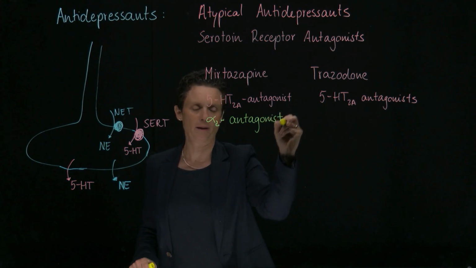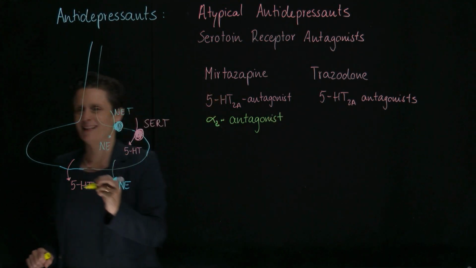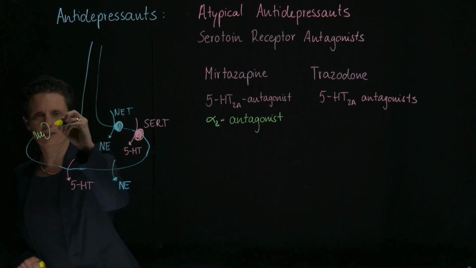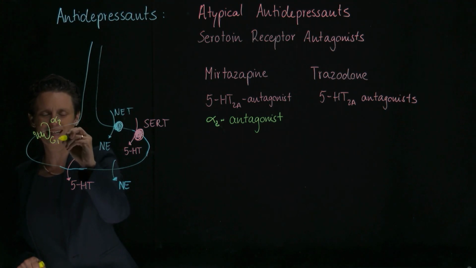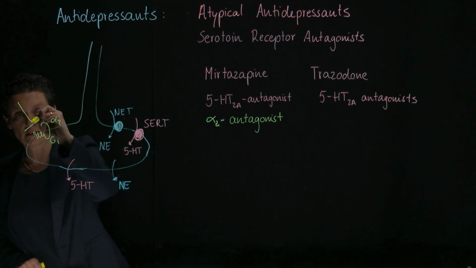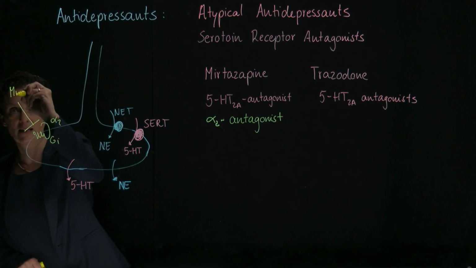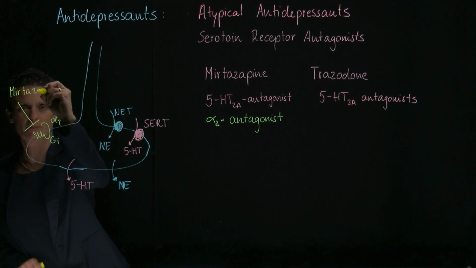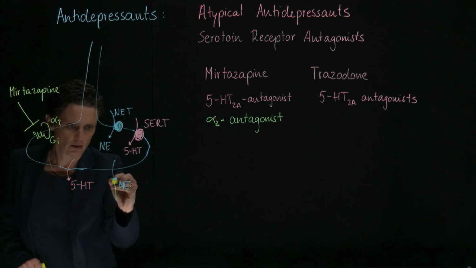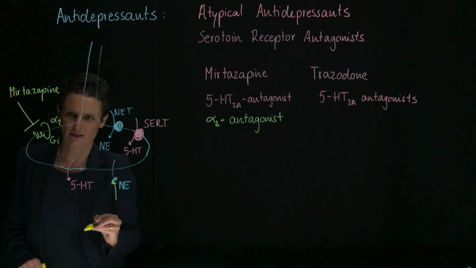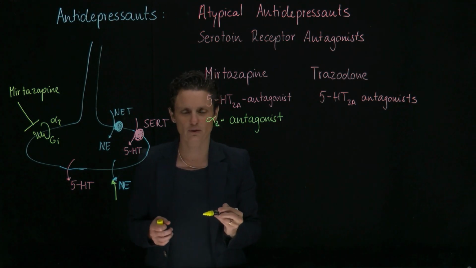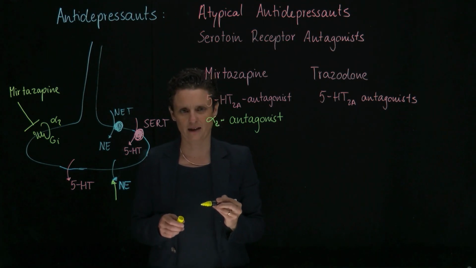And you may remember from cardio that these alpha-2 receptors, G protein coupled receptors, alpha-2 Gi coupled, sit presynaptically. So if you block it, for example, with a drug like mirtazapine, then you're going to get more, let's say, norepinephrine out here. So you're going to also increase the availability of monoamines in the synaptic cleft.